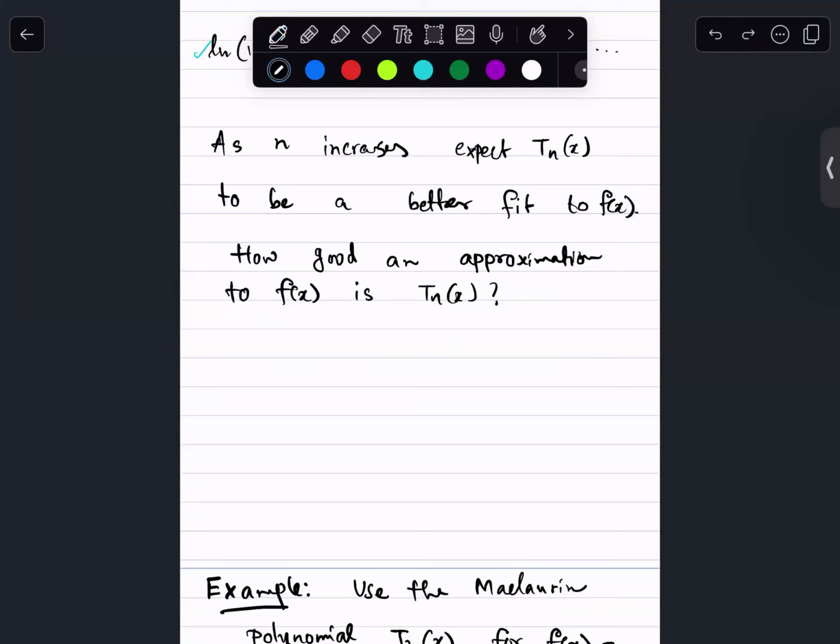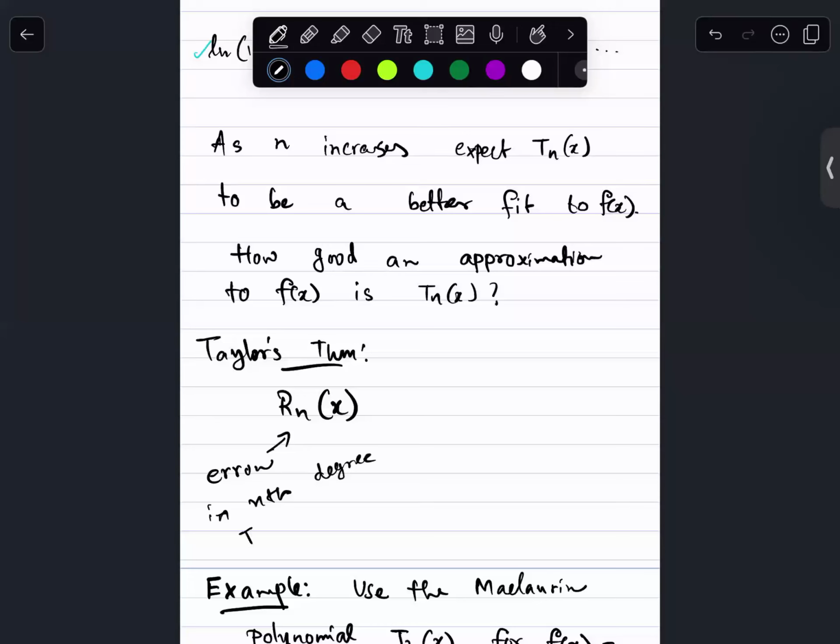So there's a theorem, also known as Taylor's theorem, which says that R_n(x), where R_n(x) is the error in the nth degree Taylor polynomial, is given by the (n+1)th derivative of f at c, times (x minus a) to the n plus 1, over (n plus 1) factorial.